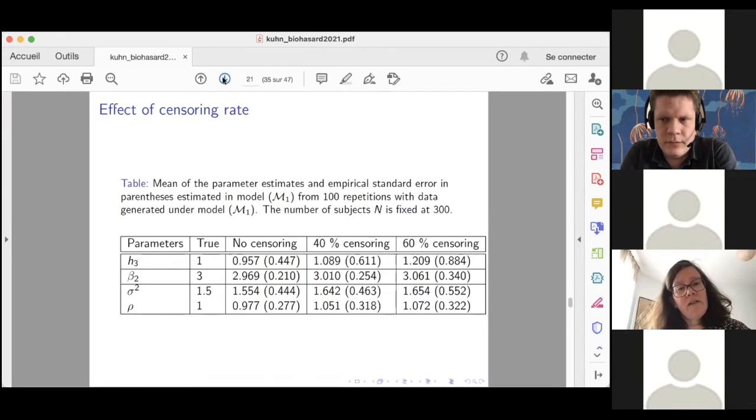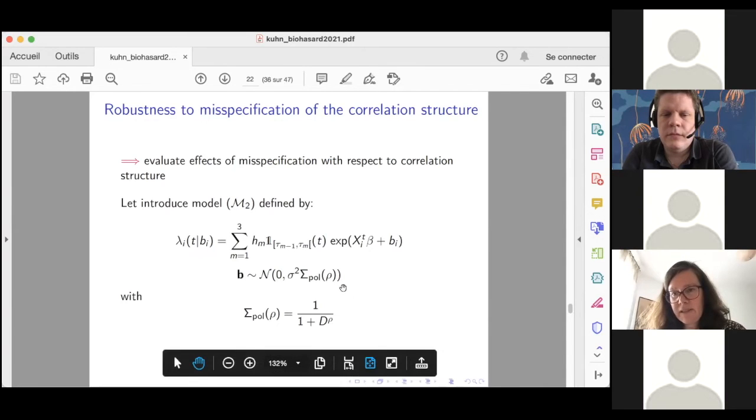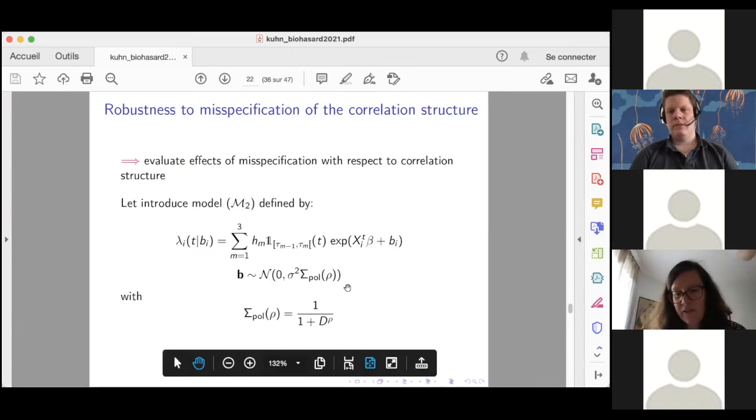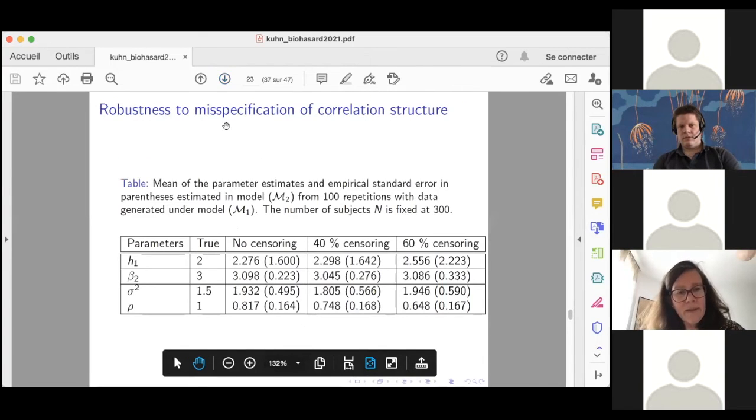Now we also investigate the robustness to misspecification of the correlation structure. To evaluate these effects, we introduce a second model called M2. It's the same model. We only change the covariance matrix of the frailty vector. Here we consider the polynomial form. And so we play the following game.